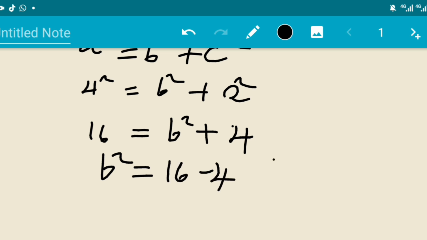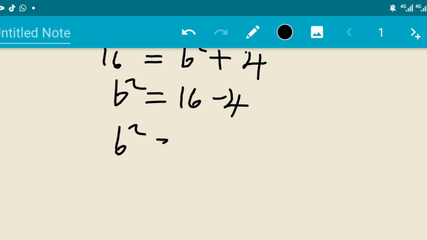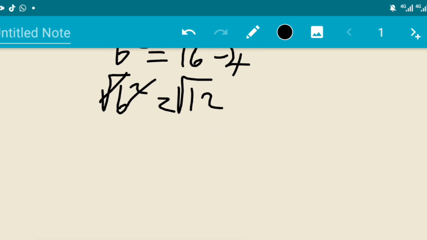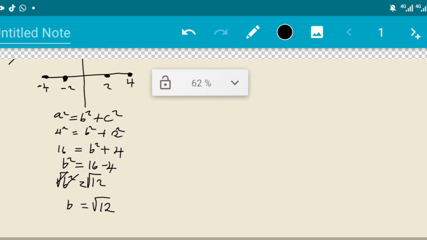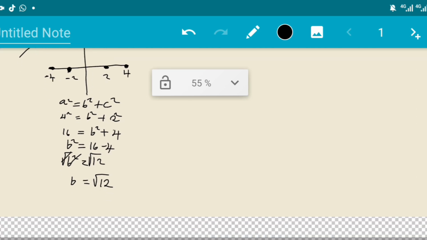So B squared is equal to 12. We take the square root there, and our B is the square root of 12. That is what B is. What's the square root of 12?